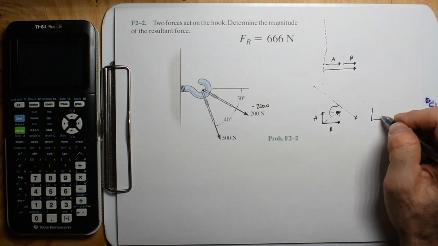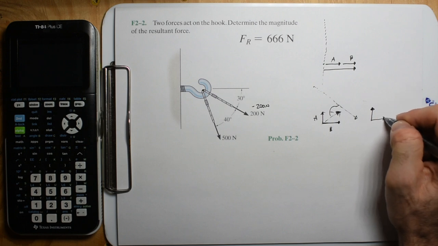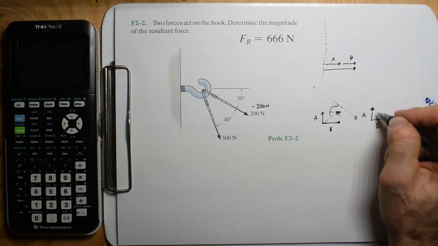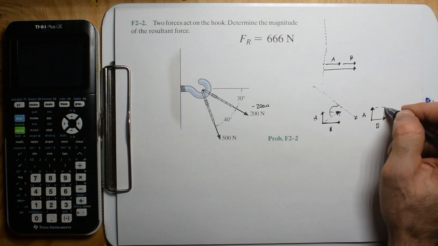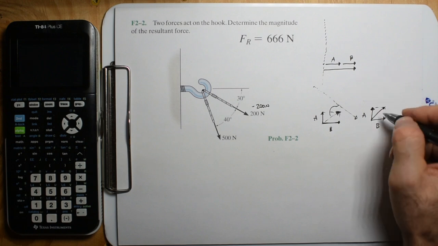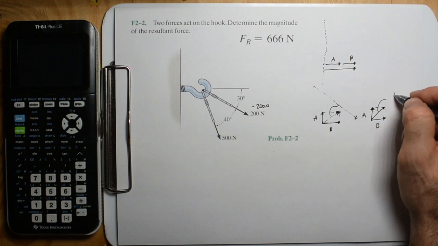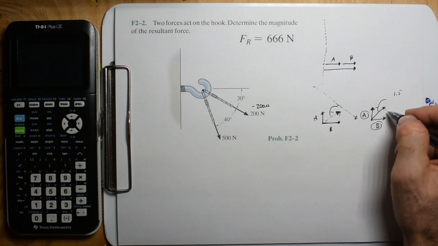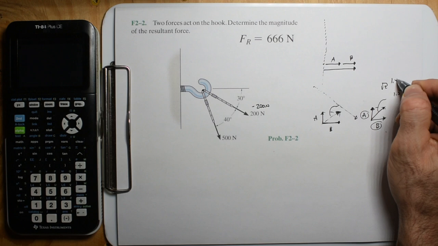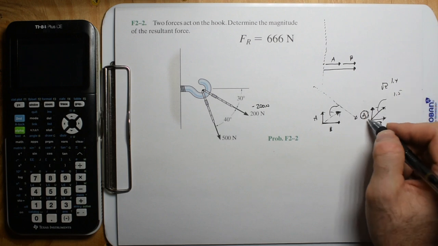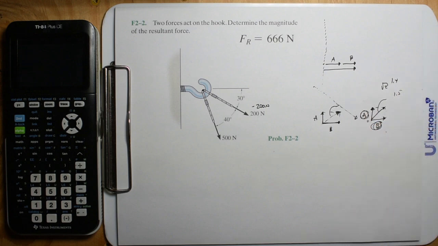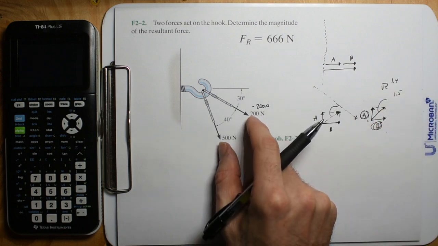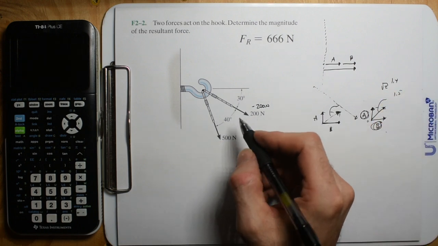I come up with a lot of different visual solutions: if these are about the same, then the resultant magnitude is going to be about 1.5 times the largest value, or it's the square root of 2, which is 1.4 times whatever the value, especially if those are the same.